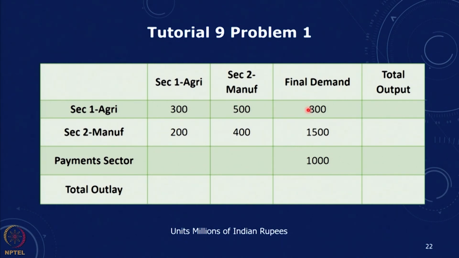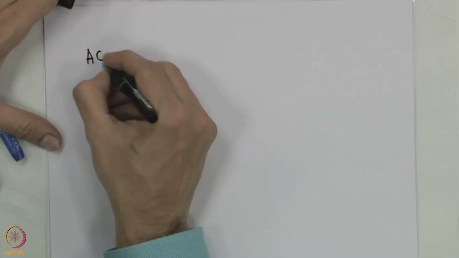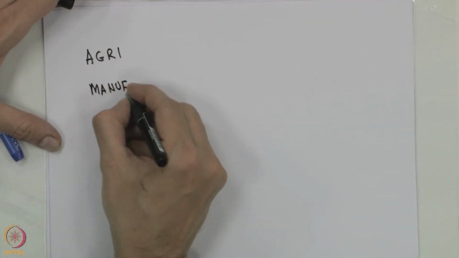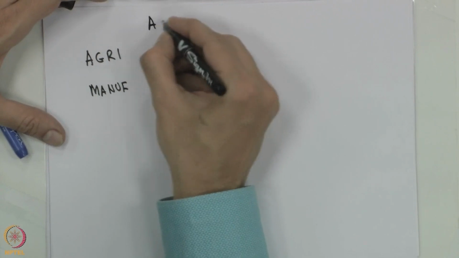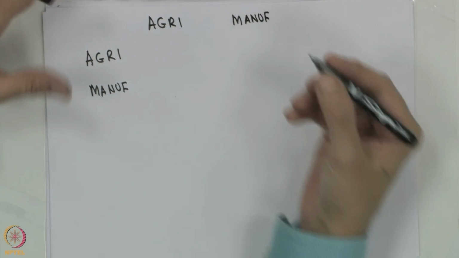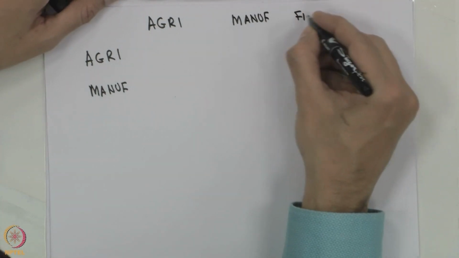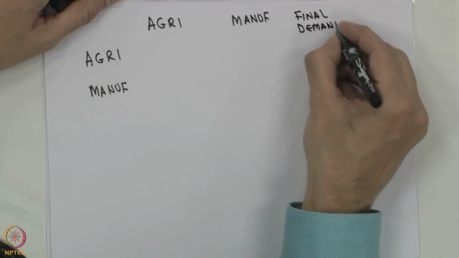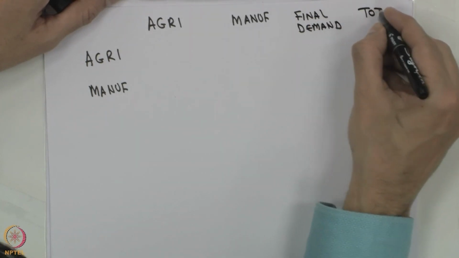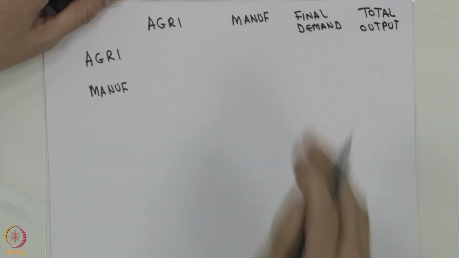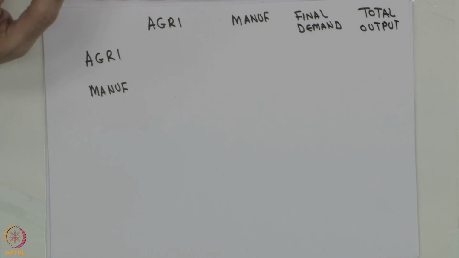There are two sectors given here, agriculture and manufacturing, in money terms, in million rupees. A partial table of transactions has been given to you. The unit is million Indian rupees.